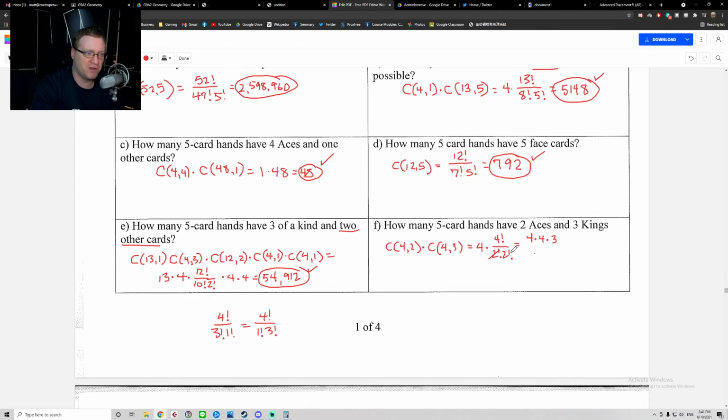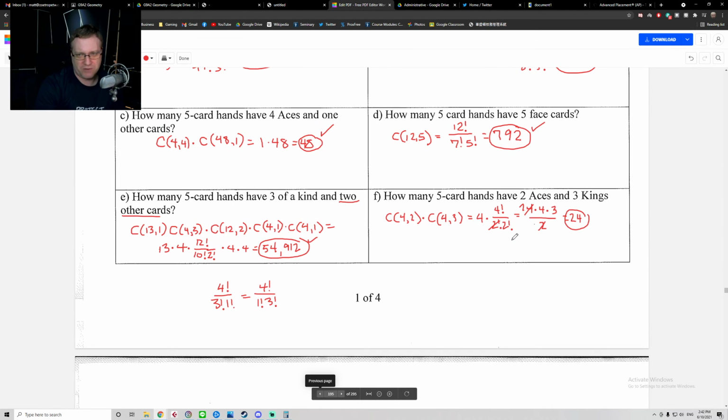And then we have a 2 on the bottom here. We have a 2 times 1, which is 2 factorial. And so this is going to cancel out and become 2. So it's going to be 2 times 4 times 3, which is 8 times 3, which is 24. There are only 24 ways that we can have 2 aces and 3 kings. Okay? That's how we do these card ones.